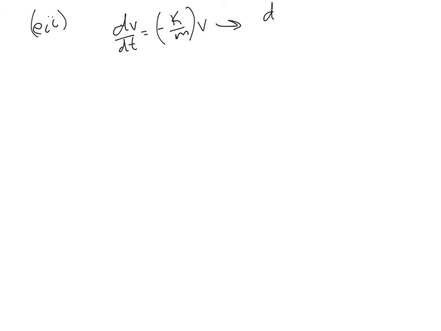Alright, so dv. And remember, the only way you can bring v over is through dividing or multiplying. You cannot add v to the other side. It has to be divided over or multiplied over.